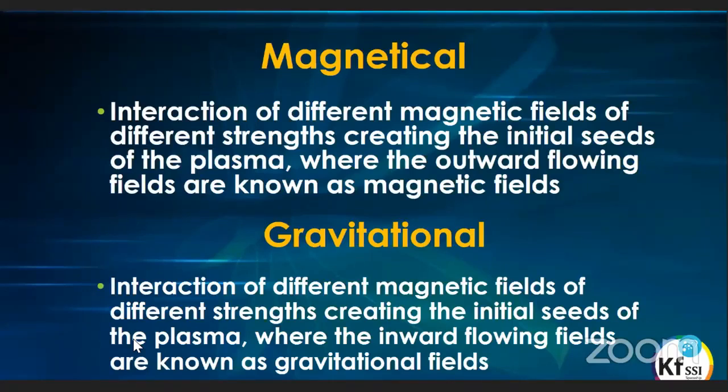And gravitational is the interaction of different magnetic fields of different strengths, creating the initial seeds of the plasma, where the inward flowing fields are known as the gravitational fields. So that gives you a nice definition of those 2 meanings.